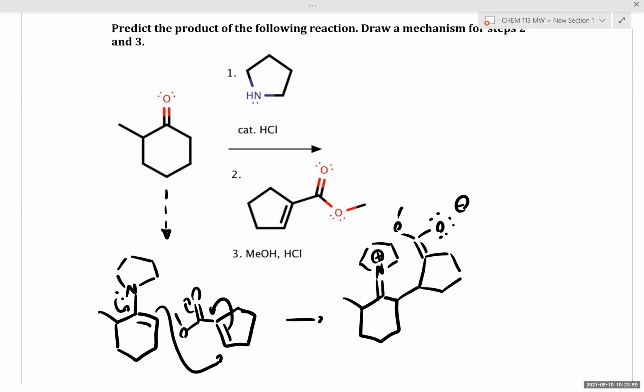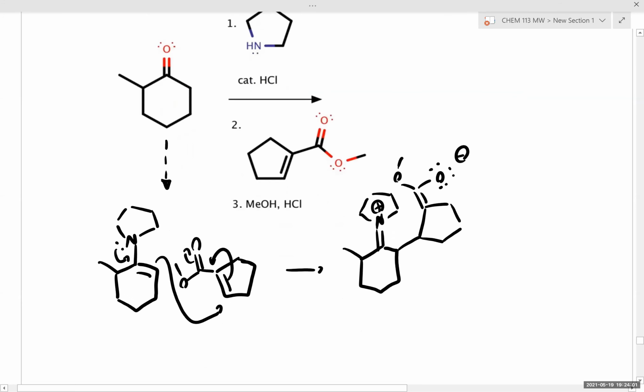We have our conjugate addition product, and we have this aminium ion generated. How do we quench out this enolate? Is this the final species that we have floating around in solution, or does some other key step happen to convert this enolate generated into a more stable species?